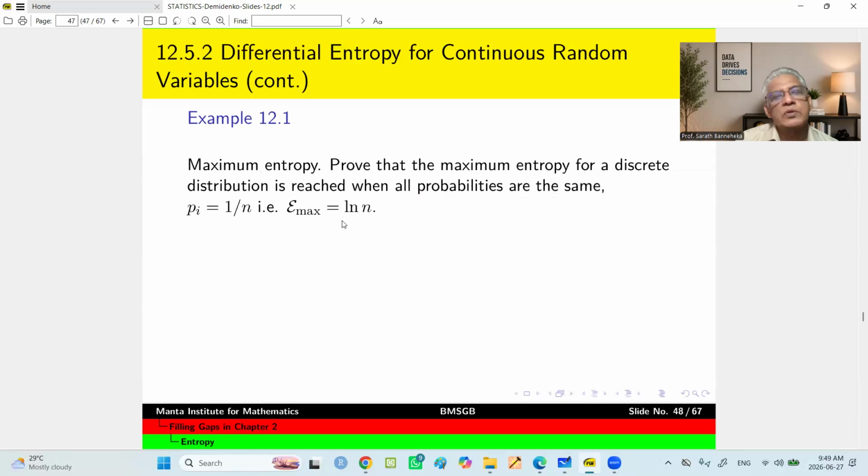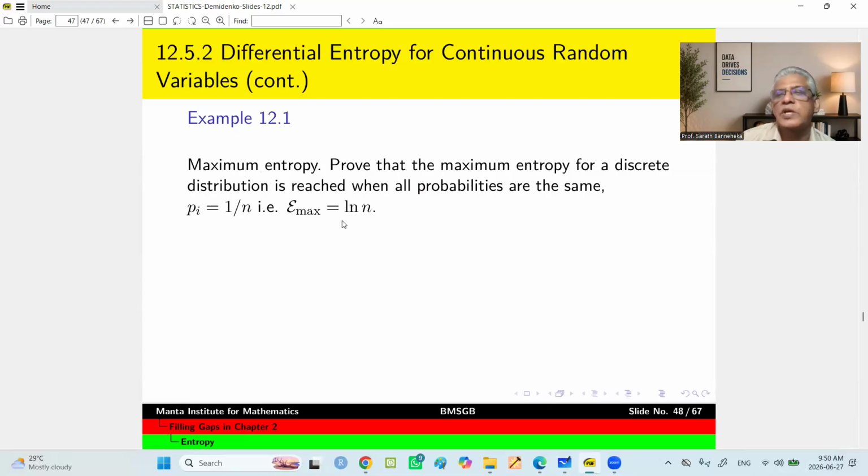So now let us look at when the maximum entropy occurs. We have already mentioned earlier that maximum entropy occurs, especially for a discrete case, if the probabilities are distributed evenly among all the possible values. So in that case, what is the maximum entropy?